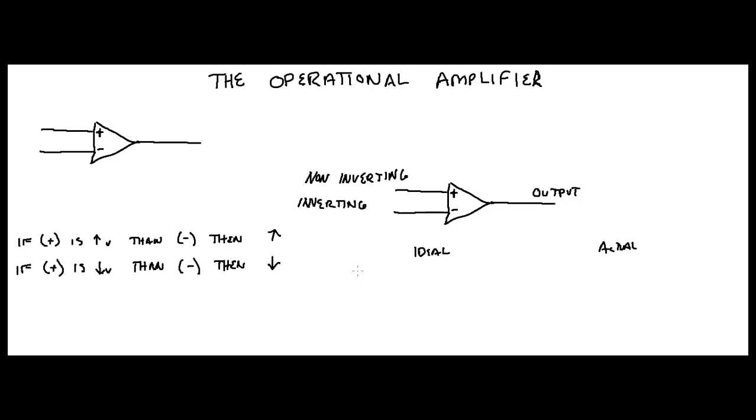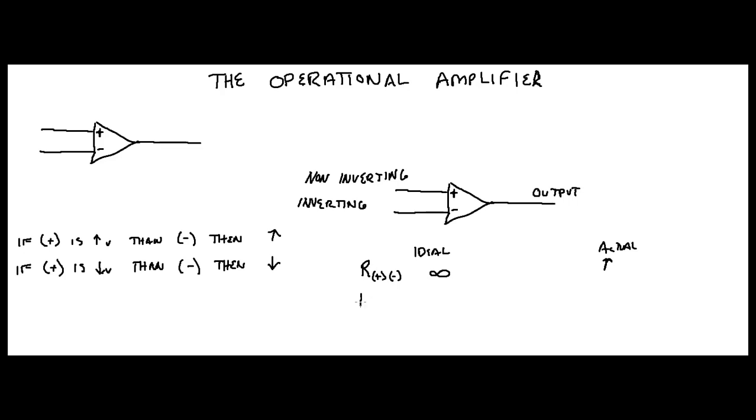Let's look at three characteristics. Input resistance, or R, between plus and minus. Ideally, that would be very, very high. Infinite for ideal. But actual is just going to be very, very high. Alright?